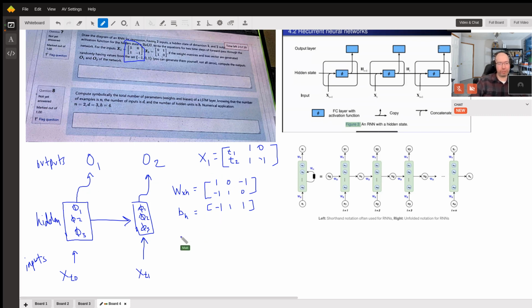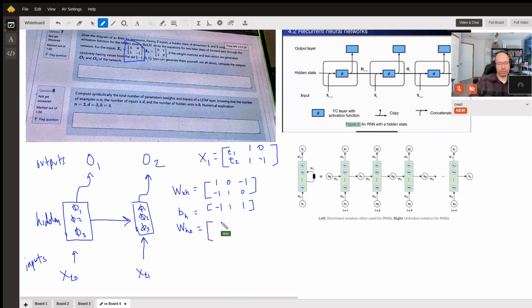But I guess you have to assume that what they want is weights from hidden to output as well. So if you're getting 3 outputs from your hidden layer and producing 2 outputs, that'd be a 3 by 2 weight matrix.